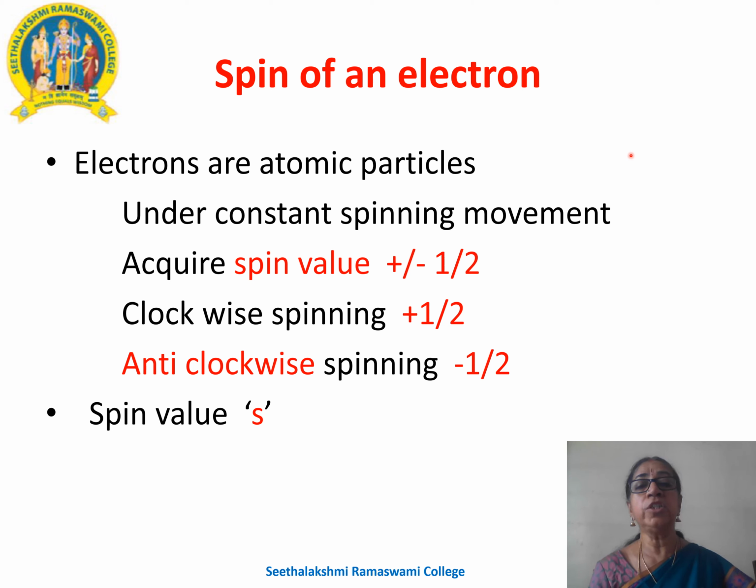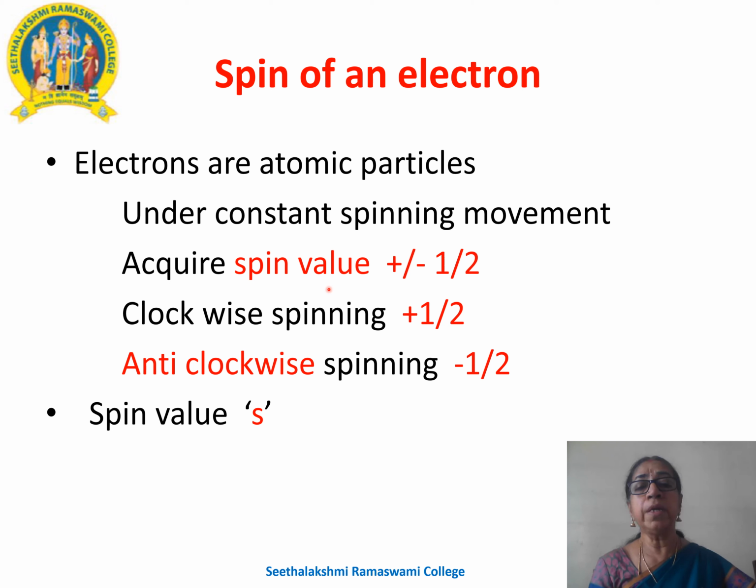Electrons are negatively charged particles and all electrons are under constant spinning movement. What is spinning? It is nothing but revolution of an object on its own axis. Because of this spinning movement, each electron acquires a spin value.